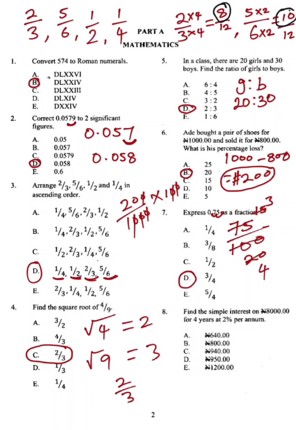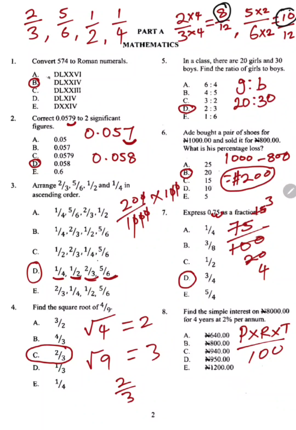The principal is the original amount, the rate is the interest rate, and the time is how long that will last. For that, I will have the formula, which is P times R times T over 100. So my P is 8,000, and I'm going to write 8,000 here.